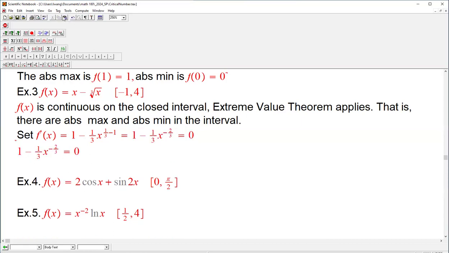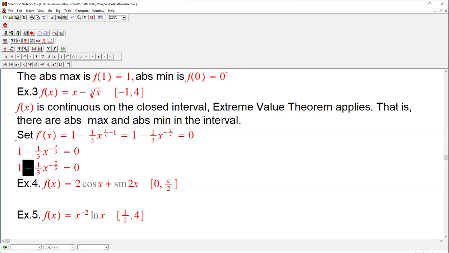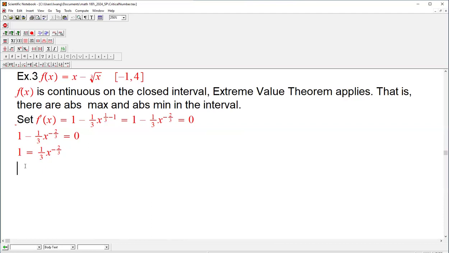It leads to 1 equals 1/3 times x raised to the power of negative 2/3. Then you multiply 3 on both sides, and you have 3 equal to x raised to the power of negative 2/3. Because this is a cubic root, you write it down as 1 over x raised to the power of 2/3.